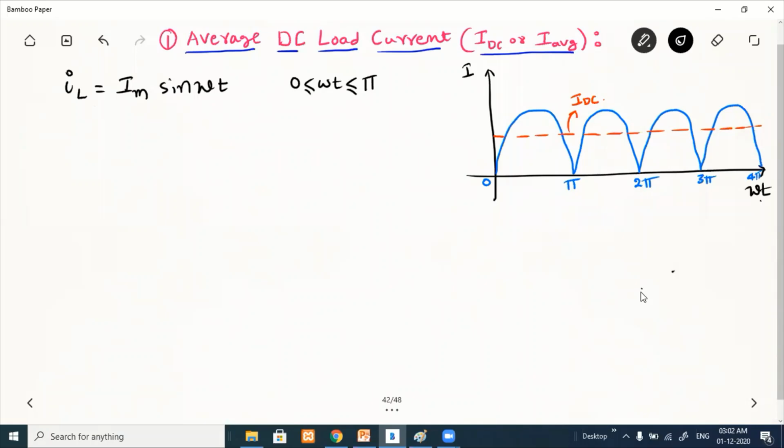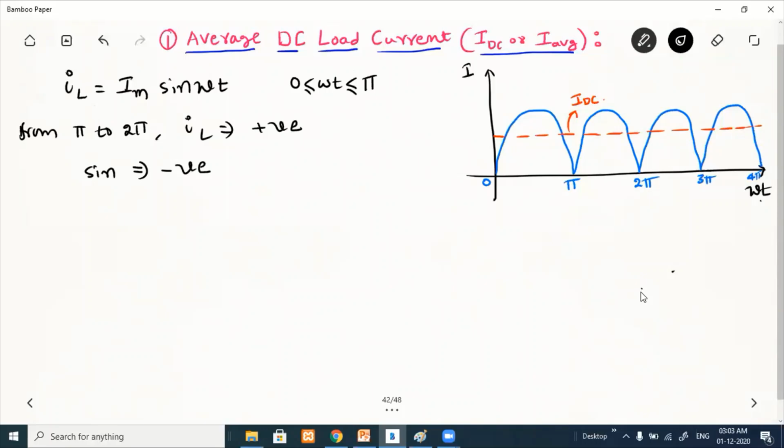But from pi to 2 pi, the current IL is again positive, but the sine waveform is negative.